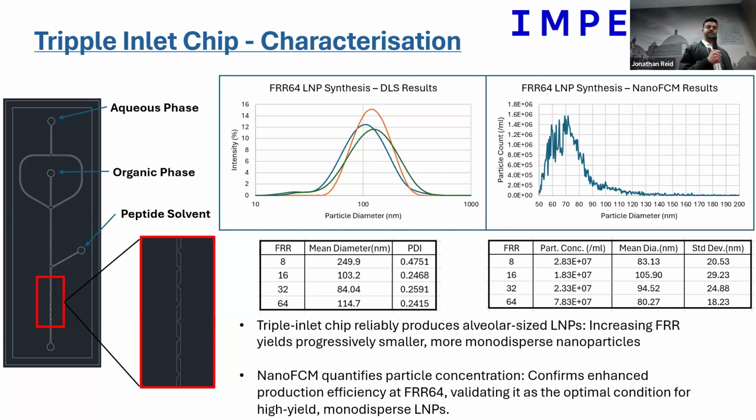So one of the first things we did was we pushed just blank aqueous solvents through our microfluidic device, and we found that our DLS results and nano-FCM results show that we're achieving nanoparticles in the desired range, with low batch-to-batch variation, a relatively low PDI, and a higher concentration at higher flow rate ratios.